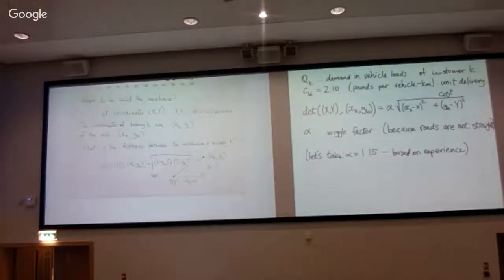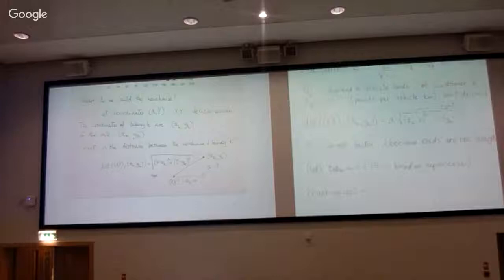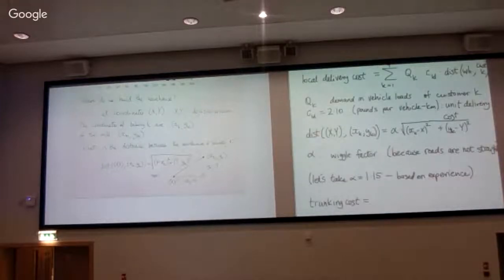So the trunking cost is just going to be the amount transported times the cost of the trunking times the distance of the warehouse from the mill.